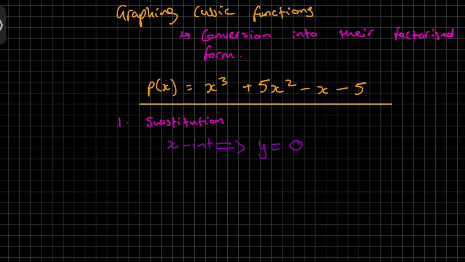So we know if we take p of x as our example over here, this must equal 0 at its x-intercept. Now, generally, this step involves a bit of trial and error. Unfortunately, there's nothing much we can do about this. It's just the way this first step works.